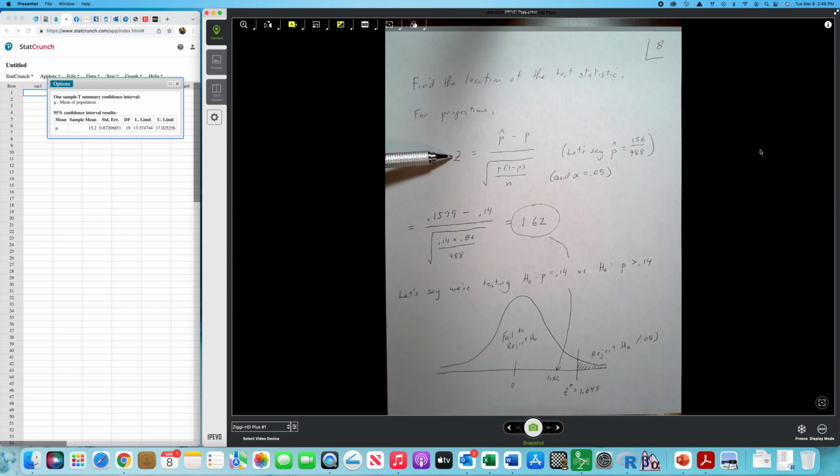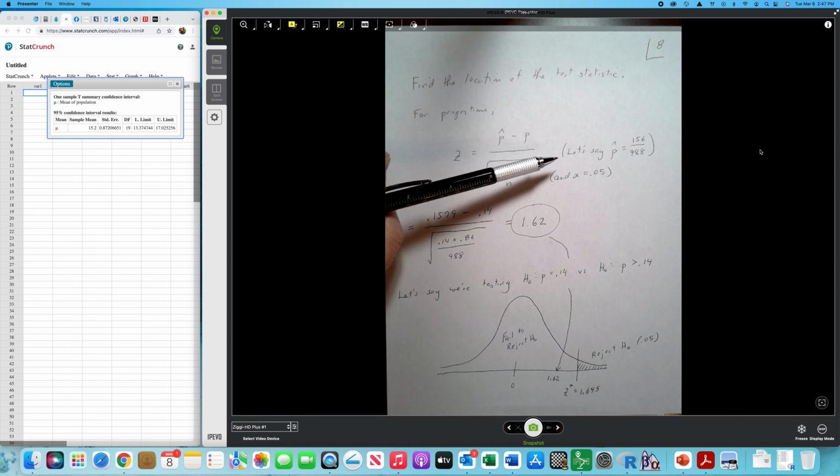And the test statistic for proportions is z equal p hat minus p divided by the square root of p times 1 minus p over n. This, of course, is the standard error. So what we're measuring here is the difference between what we observe in the sample and what the claim is in the population in standard error units.